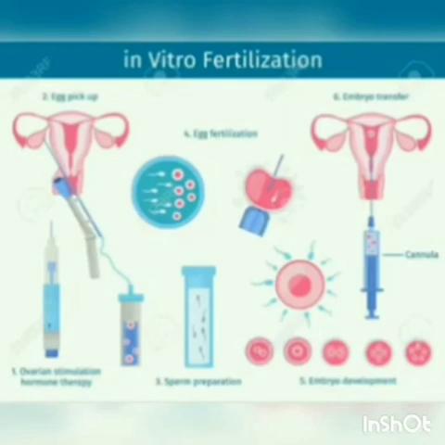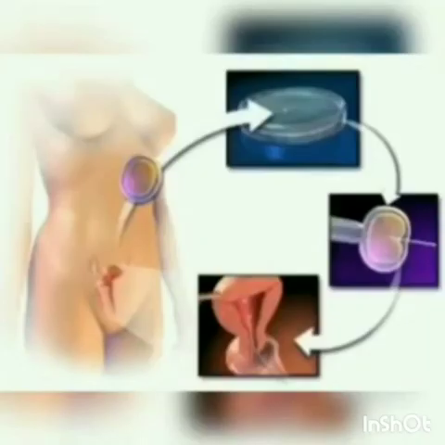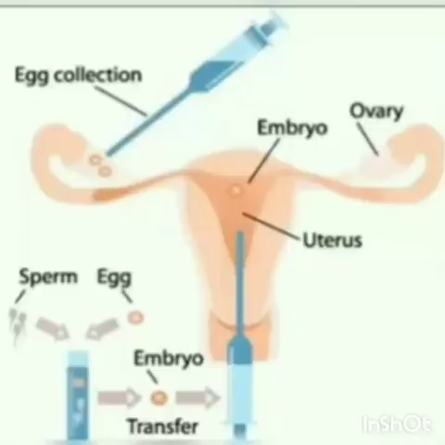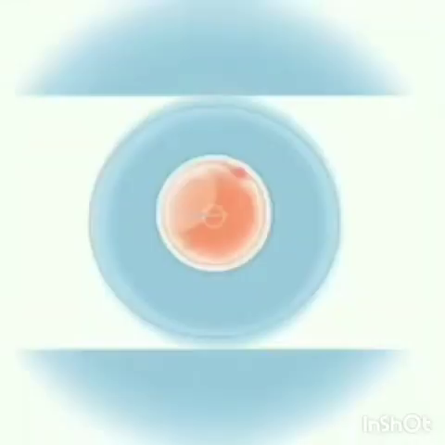At the same time, the sperm preparation is done using a special media. After preparing the sperms, the eggs are brought together. 10,000 to 1 lakh motile sperms are needed for each egg for fertilization. So after this fusion of male and female gametes, the zygote is formed.